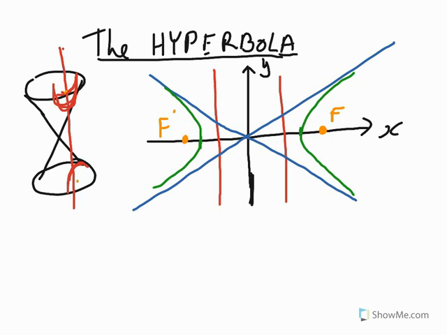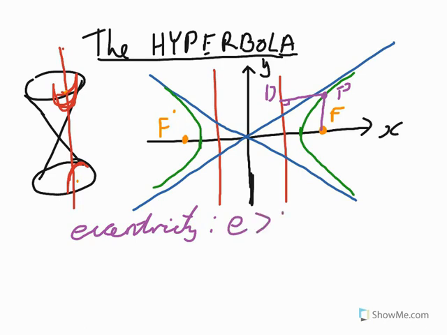Alright, so the coordinates of all of these things, again the same, we draw a line to some point P on our hyperbola and then straight down, so it makes a right angle with our directrix. Then our eccentricity, which is the length of those, is greater than 1.